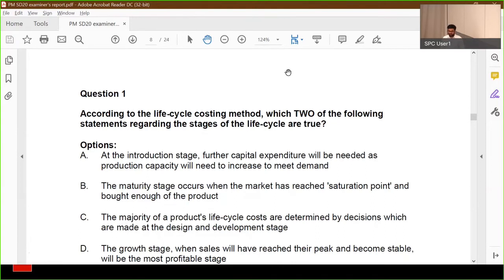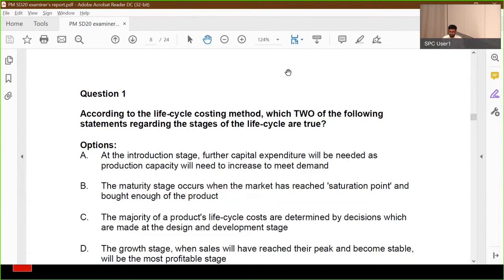So sometimes when we read a particular option, we are confused whether it's true or false. I would advise you to move on, read all the 4 options, and then it would be very easy for you to pick the two correct options from the given ones.